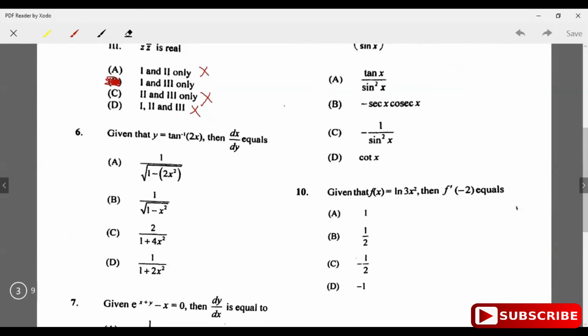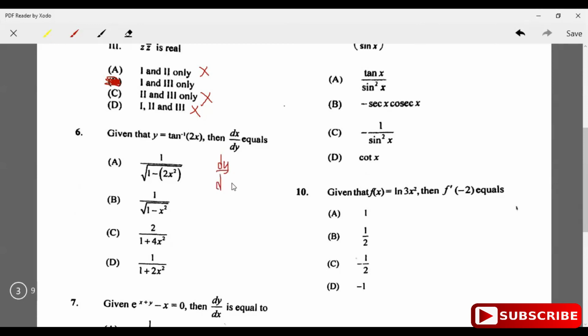Question 6 asks us to find y is equal to tan inverse of 2x. But look at this question. It doesn't ask for dy by dx. It asks for dx by dy. That's not dy by dx. Important to know that. First thing I want to tell you is that dx by dy is 1 over dy by dx. So you can find dy by dx first.